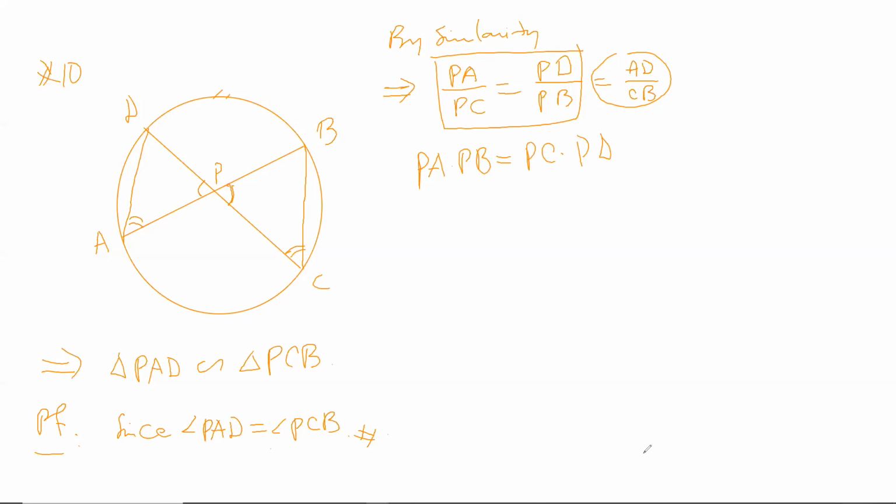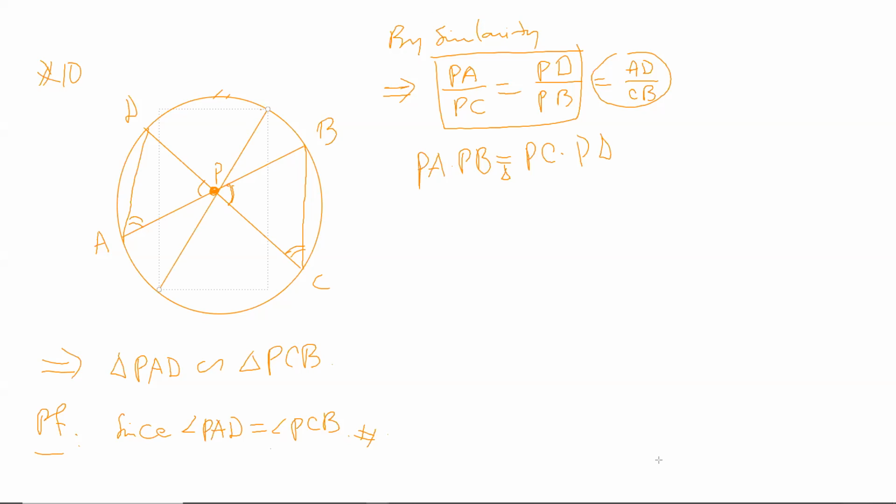So if you pick any point inside the circle and draw any two chords, then this product is always the same. So if you draw one more, this product should also be the same. Do you agree?